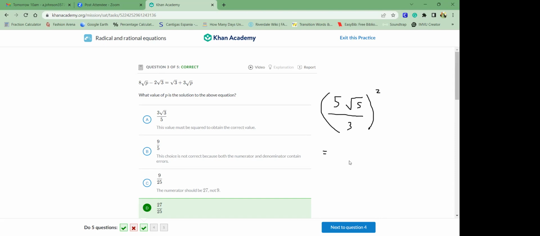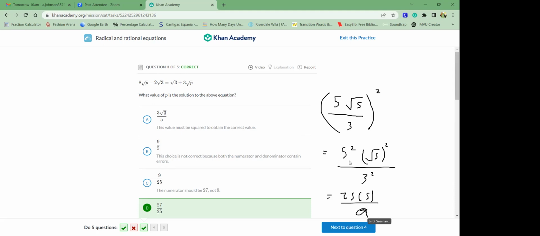Square all 3 terms. So this is 5 squared. This is root 5 squared. And 3 squared on the bottom. So what is that? 25 times 5 over 9. Whatever that multiplies out to be.